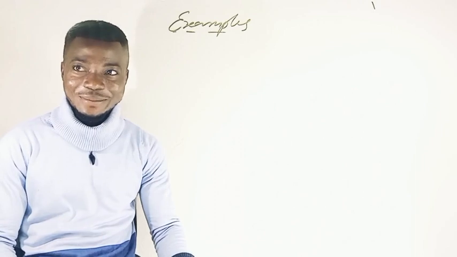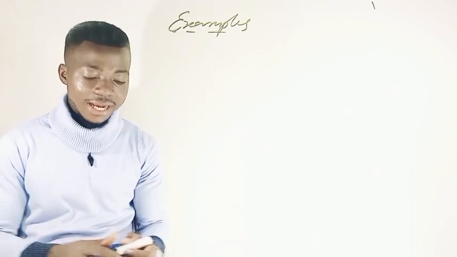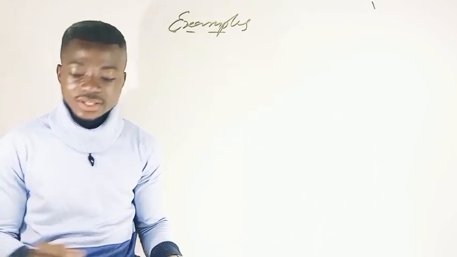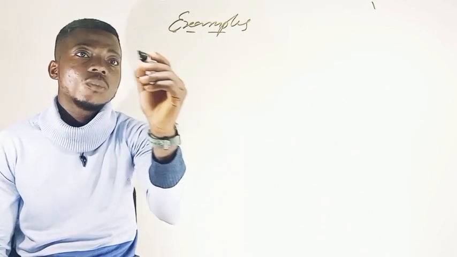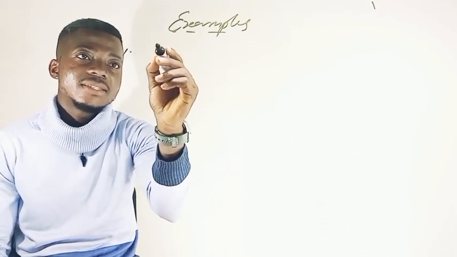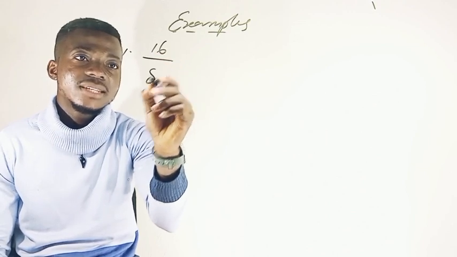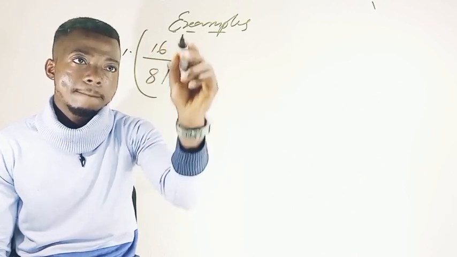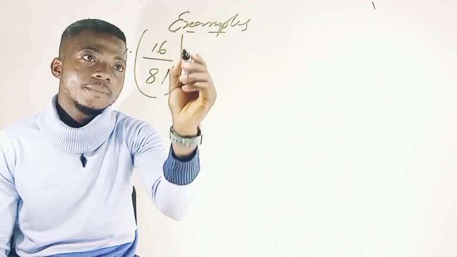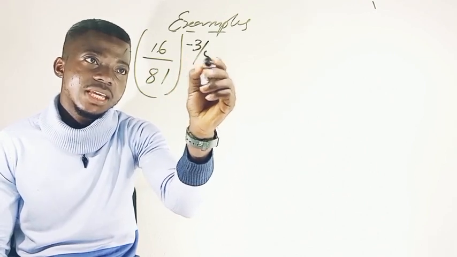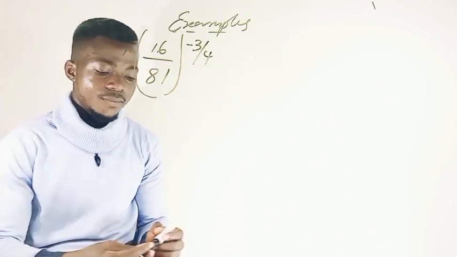Let's take some examples and solve. I'm going to solve some examples, like I said. Let's take the first question. Number 1, we're to simplify this: 16 over 81, all raised to the power -3 over 4. So this is our first question.